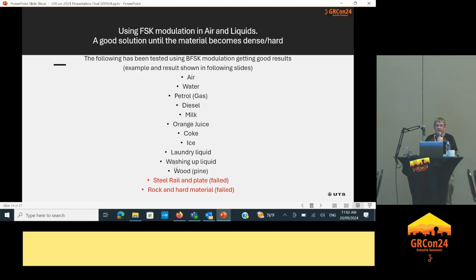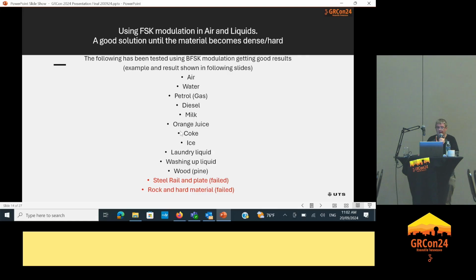Even with materials that were not so dense, like pine, I was still able to transmit the image through the desk, which was made from pine, and I thought that was quite good. However, what I wanted to transmit through was steel rail and hard material, and that failed. So I had to think of another way of doing this.